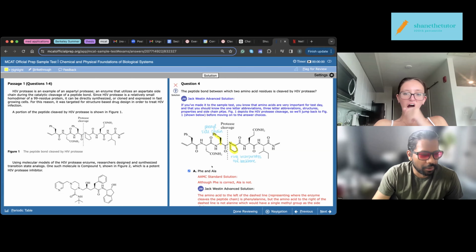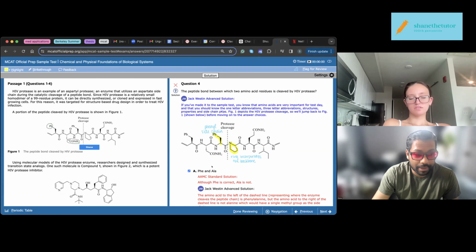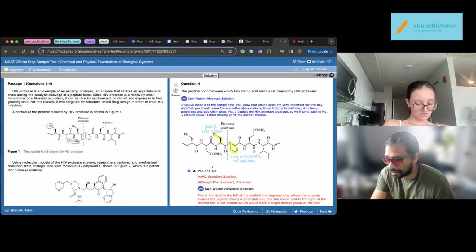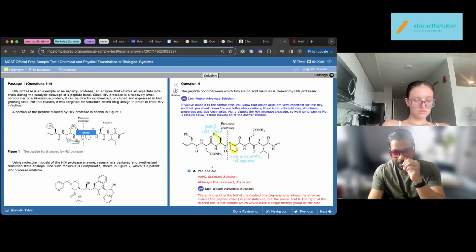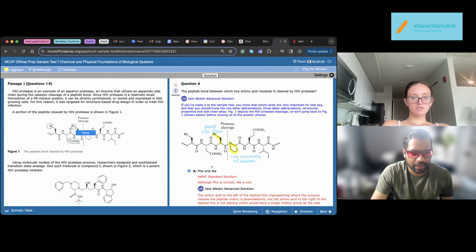So we have our phenylalanine. We have another amide here, so this is going to be something like glutamine or asparagine. And then we have another phenylalanine here.